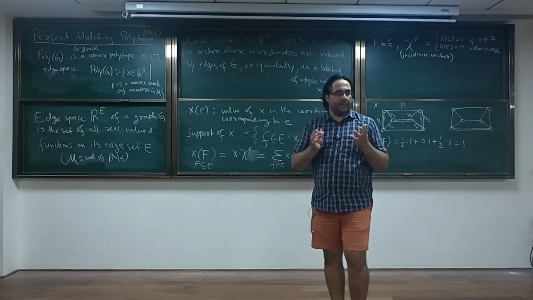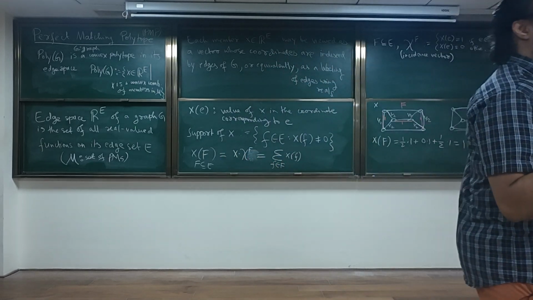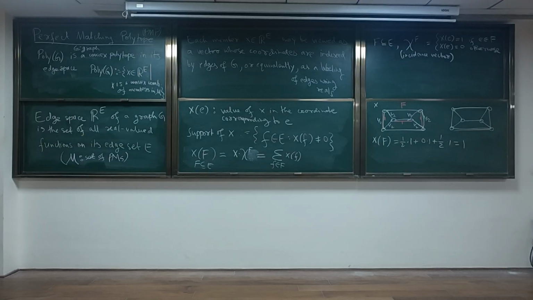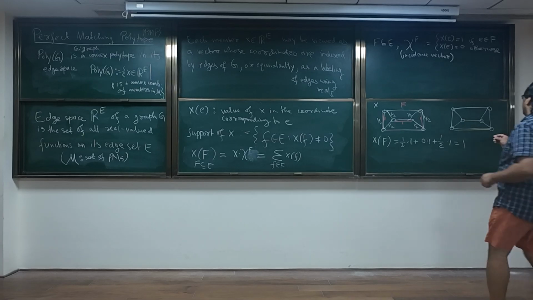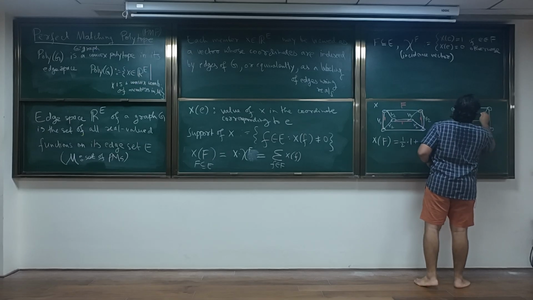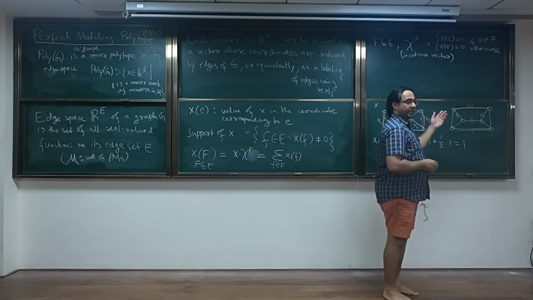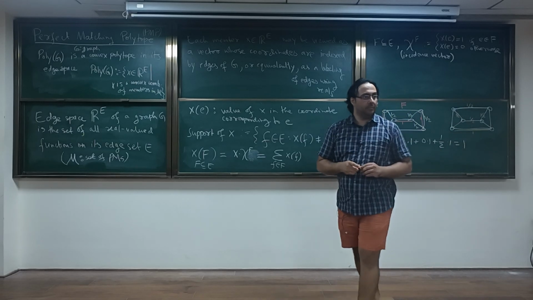If I take those 2 perfect matchings, multiply the vector corresponding to the first one by half, and multiply the vector corresponding to the second one by half, and I add them, you get the following vector. You get 1 over here, and you get half everywhere in this 4 cycle, and 0 everywhere else. Whenever I don't write, I mean 0.